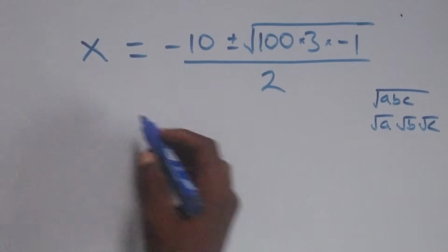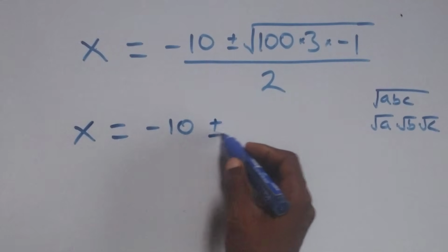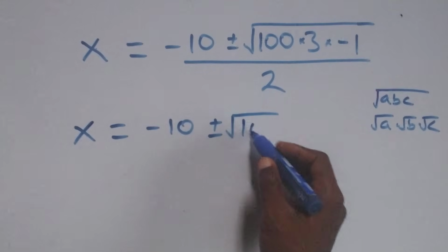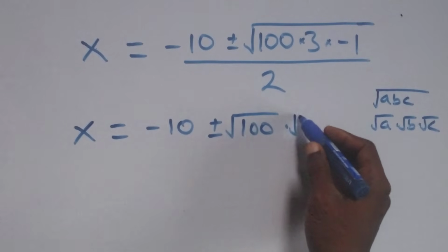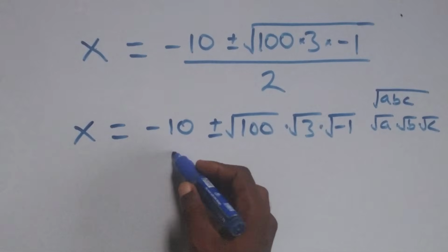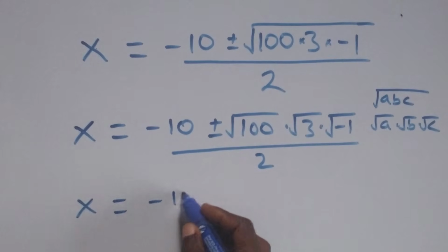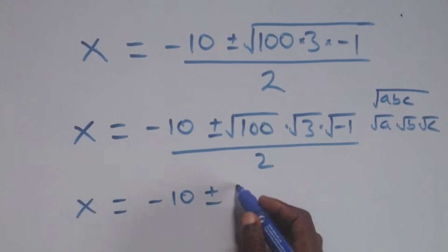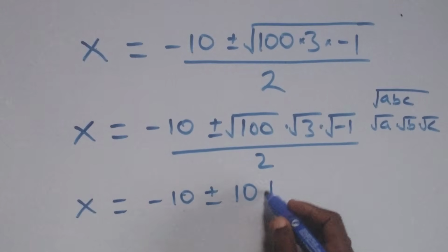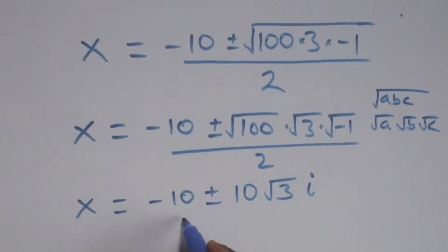That is, we can write this as x equals minus 10 plus or minus root 100 times root 3 times root minus 1, all over 2. That is, we have x equals minus 10 plus or minus root 100, that's 10. We still have root 3, and root minus 1 is i, which is a complex number, over 2.